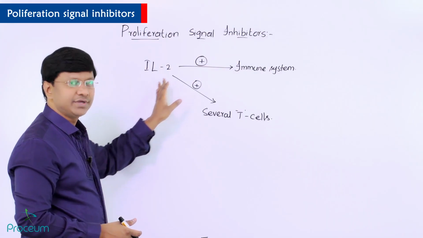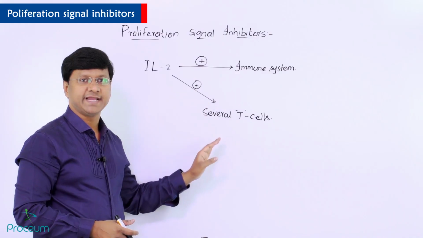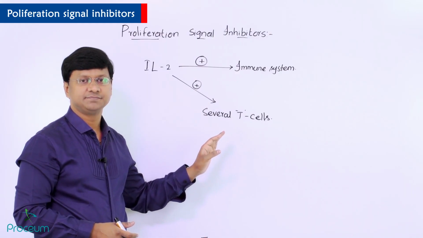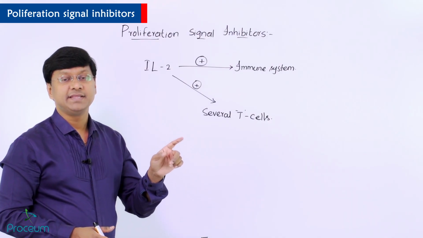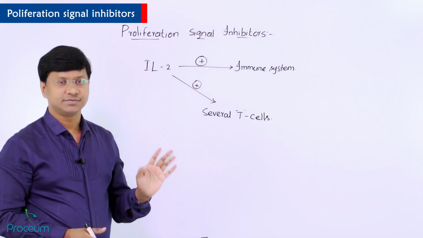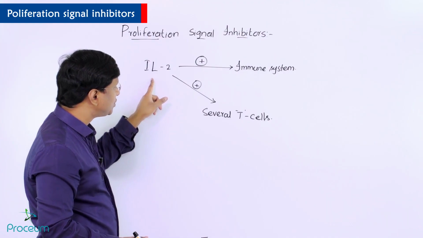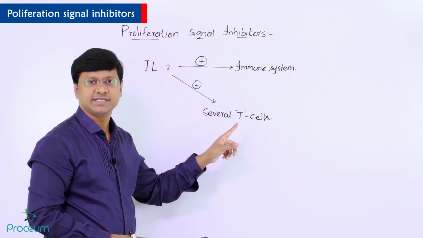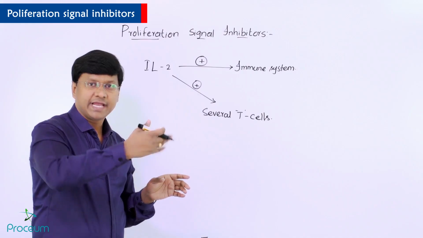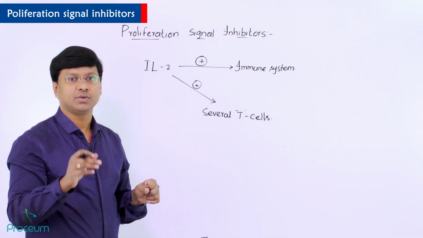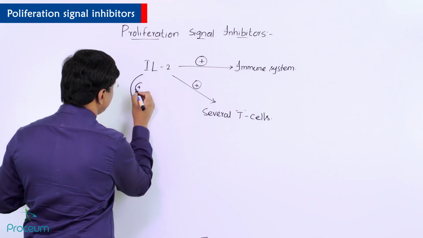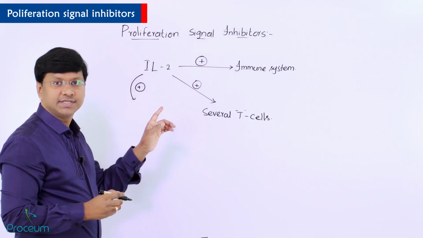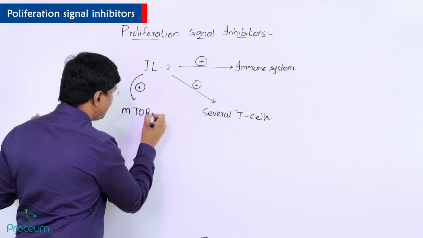So interleukin 2 will stimulate the immune system by activation of several T cells via activation of mammalian target of rapamycin. It stimulates T cells not directly, but via activation of mTOR.